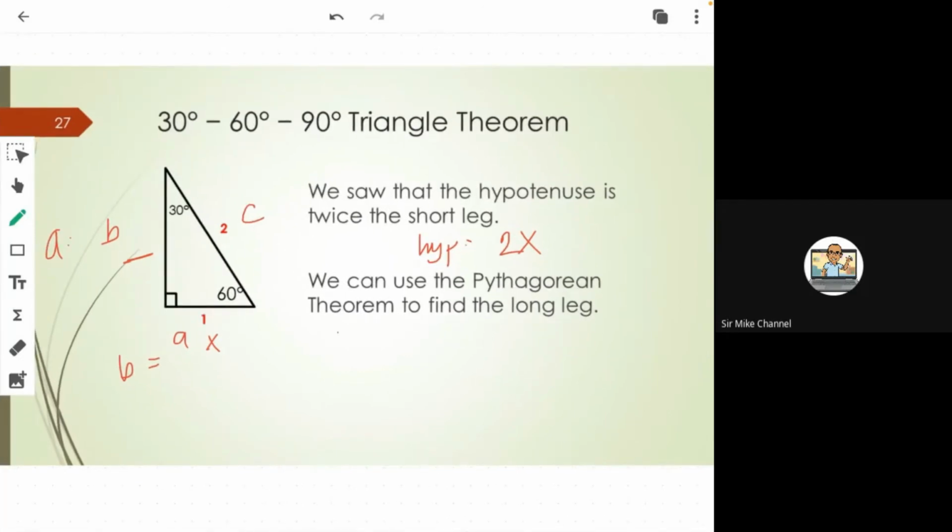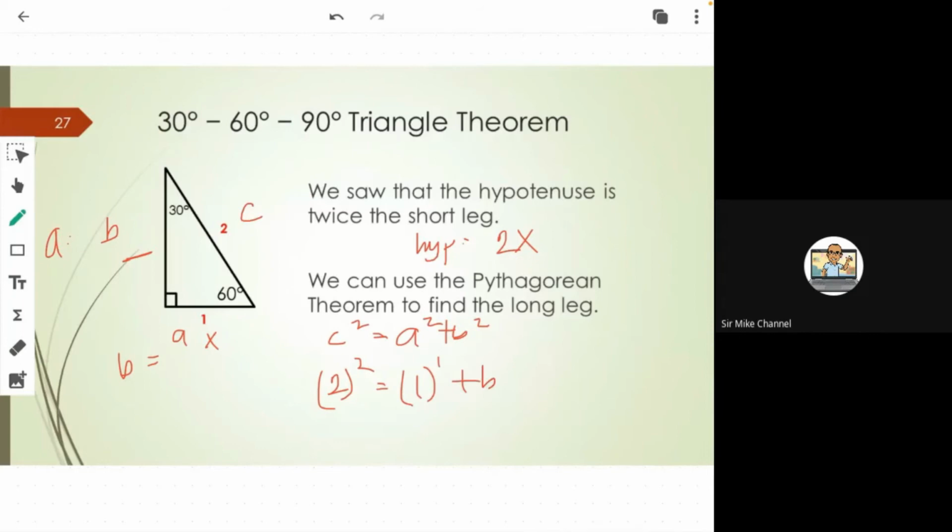So, C squared is equal to A squared plus B squared. So, ang C natin is 2. 2 squared is equal to A natin is 1 plus B squared.